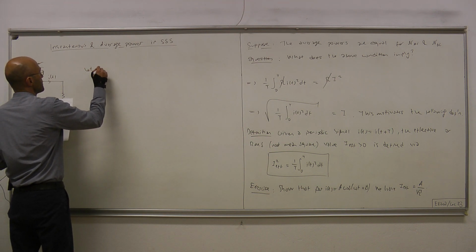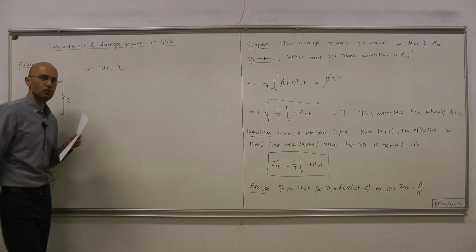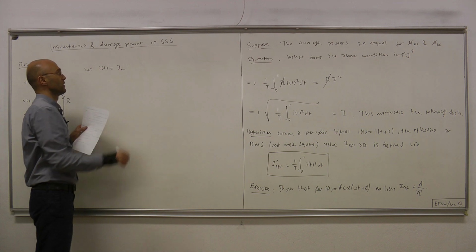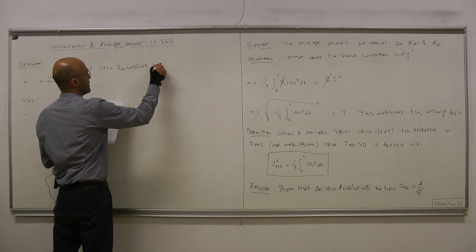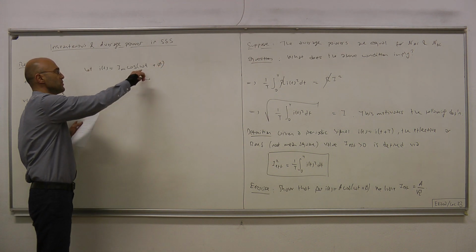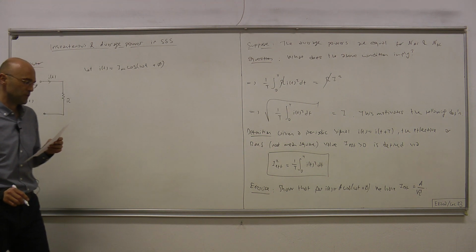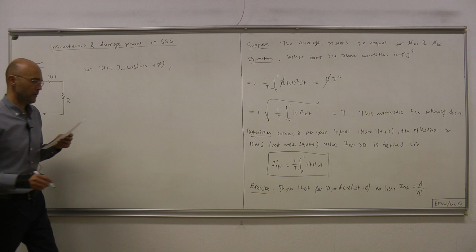Okay. Suppose that the current equals some magnitude which we denote by Im. Okay, this is a positive number. Cosine omega t plus some phase. Omega is the frequency of oscillations in our circuit that's in sinusoidal steady state. Now, clearly this signal is periodic.